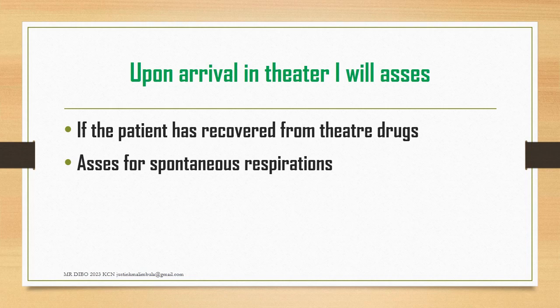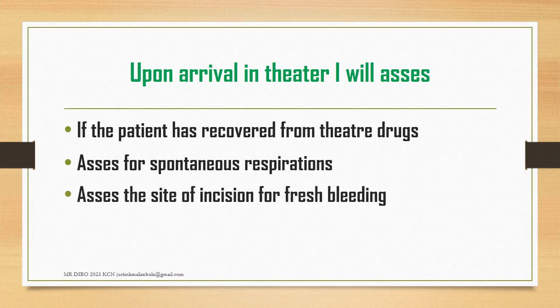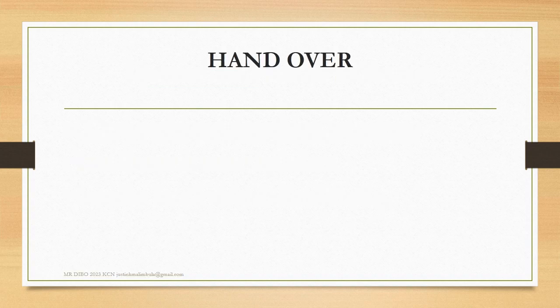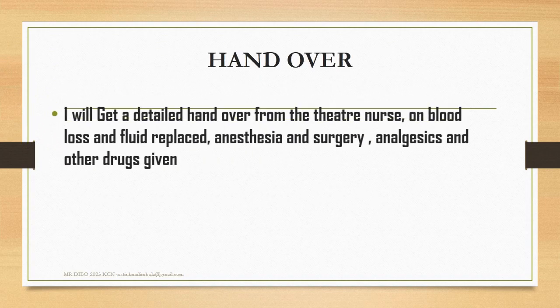Second, assess for spontaneous respirations by using the outside of your palm, feeling for the breath. Then assess the site of incision for fresh bleeding in case of reactionary hemorrhage or in case of slipped ligatures.